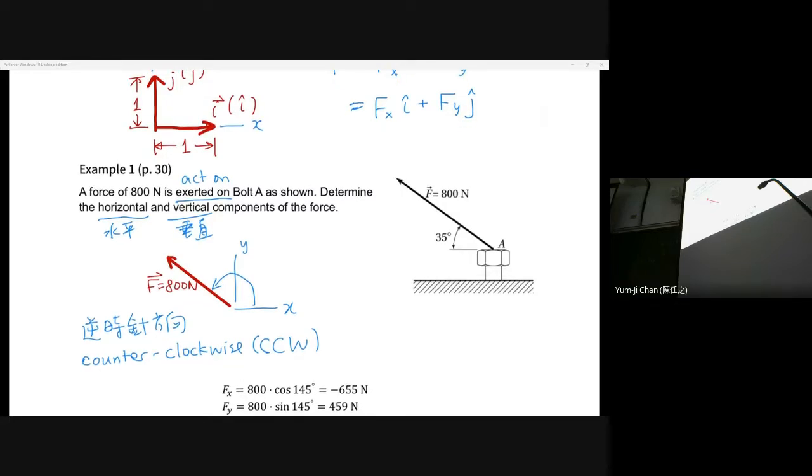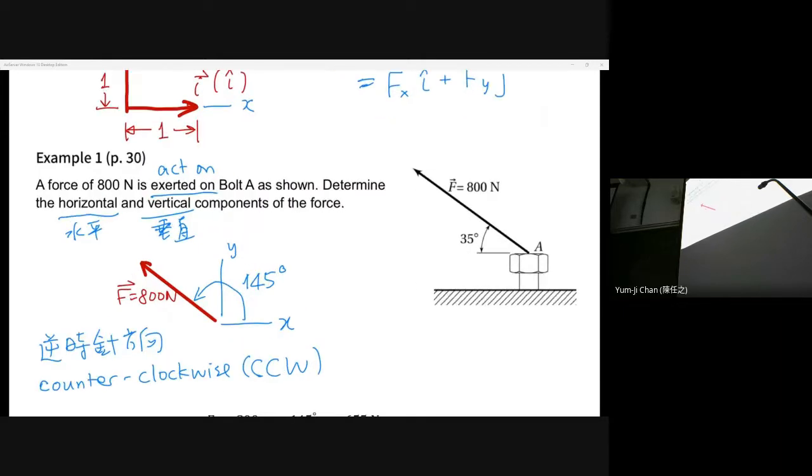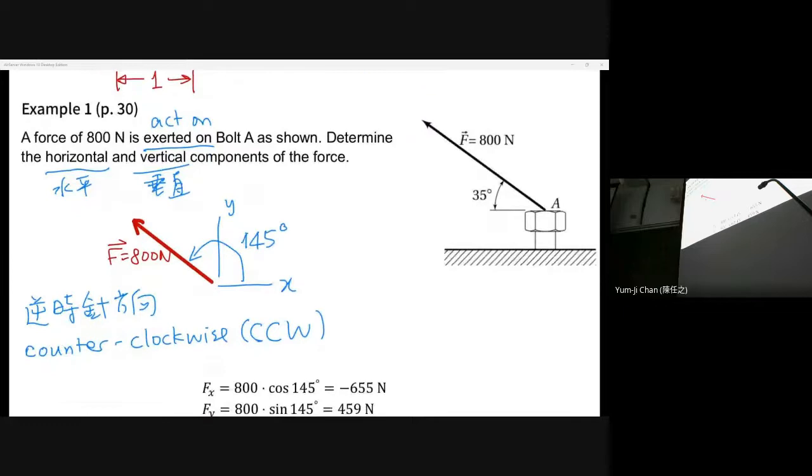So in this one, the angle we need to consider is 145 degrees.